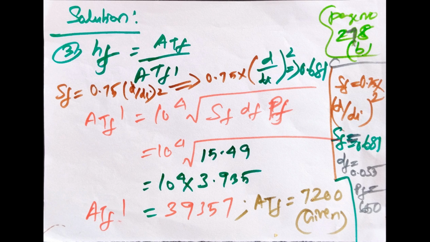Put the ASH value in the ASH formula, we obtain the d value, and from this value the DA value is obtained. SF is equal to 0.75 into bracket of d by dA square. Put in the required values, we obtain the SF value.